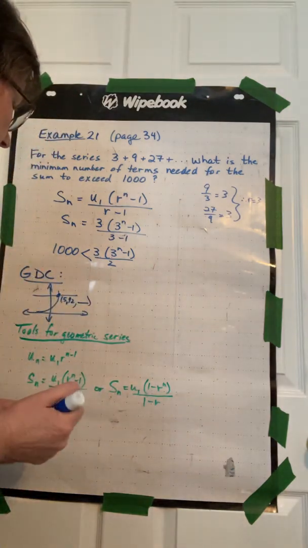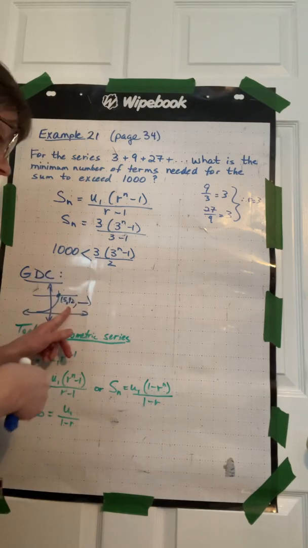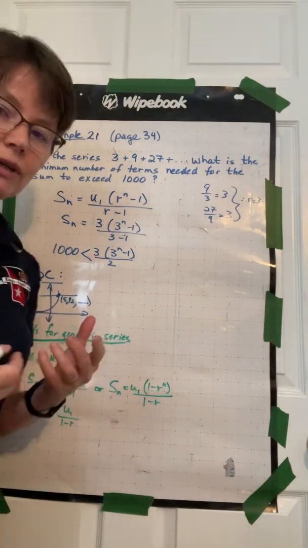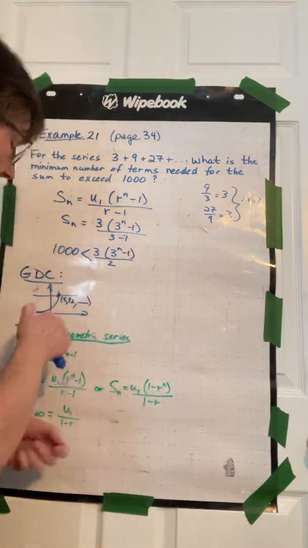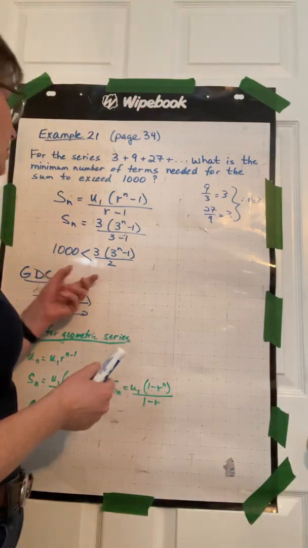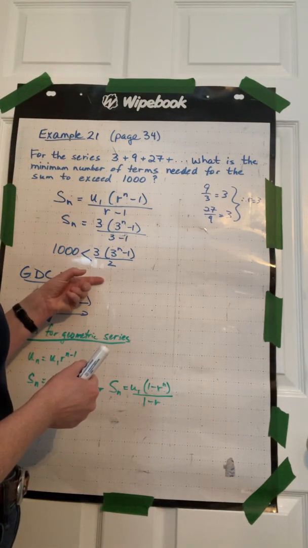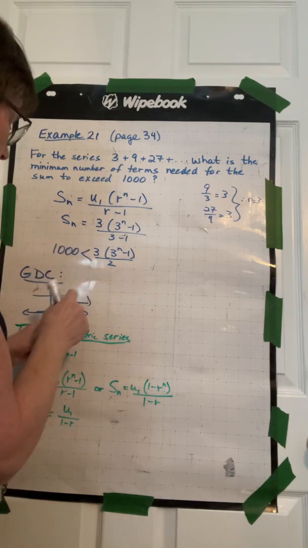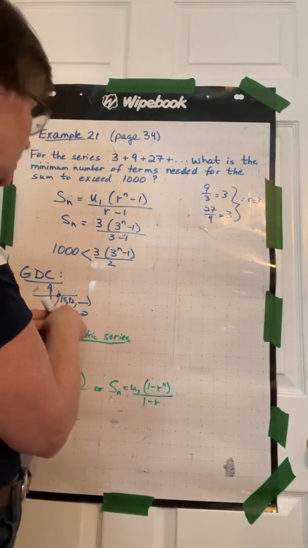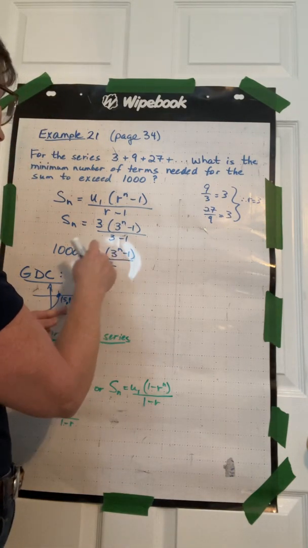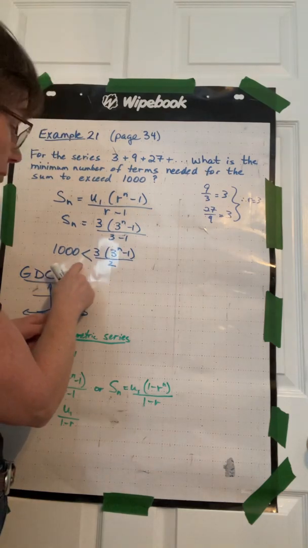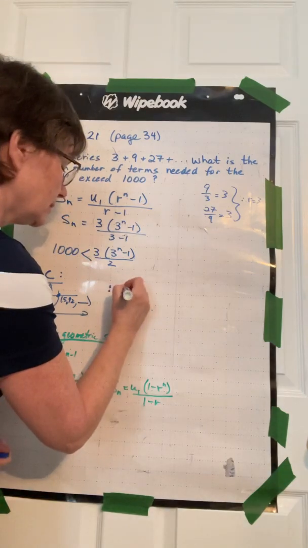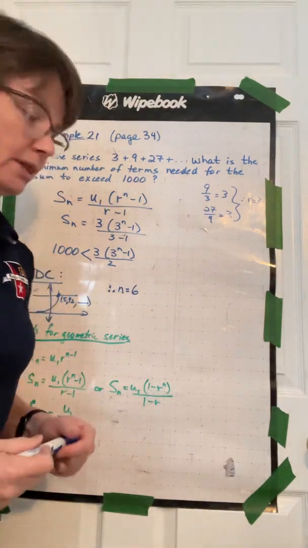All right, so do we need to go to n is 5, or do we need to go to n is 6? It won't always be that we're rounding properly at this point. We have to actually think about the question: minimum number of terms needed to exceed 1,000. So if we were able to have 5.92 terms, then this would equal 1,000. Therefore we need n to be 6 in order to exceed the 1,000.